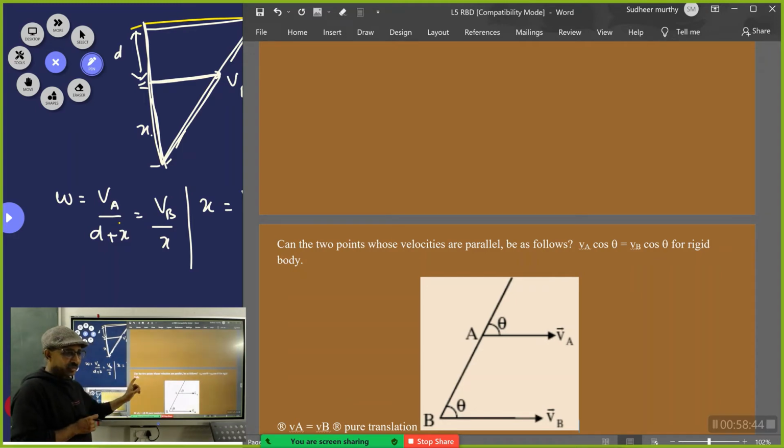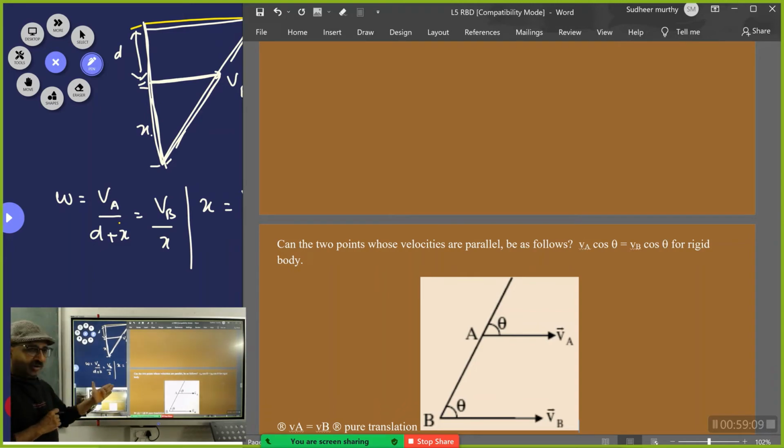So what does it mean? The component of the velocity of A along this line with respect to B cannot change. It cannot have a relative velocity, because A and B cannot have two different velocities along the line joining the two.